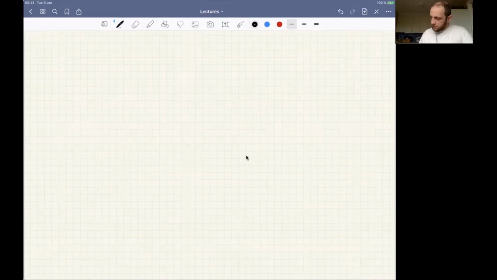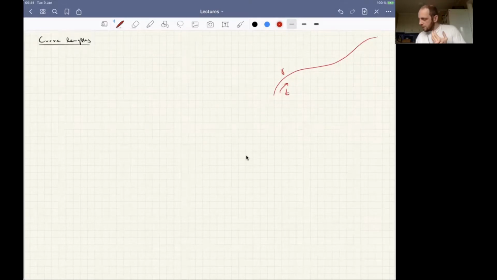So let's come to exactly what you said for straight lines from the beginning. So let's discuss curve lengths. If I have a curve, let's take a curve gamma, parameterized by t, I can then ask the question, what's the length of this curve? How are we going to compute the length of this curve?